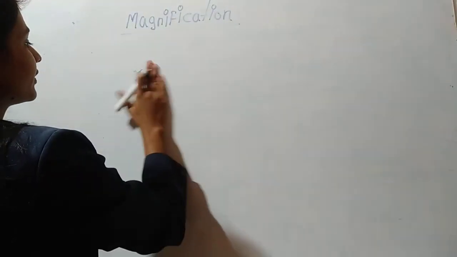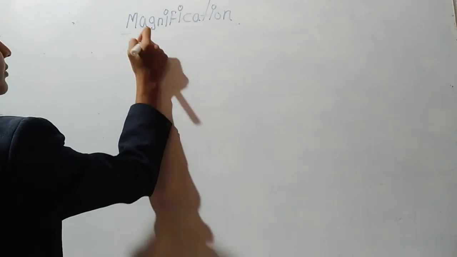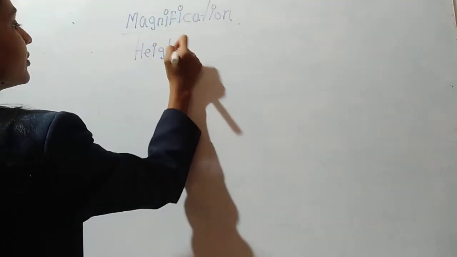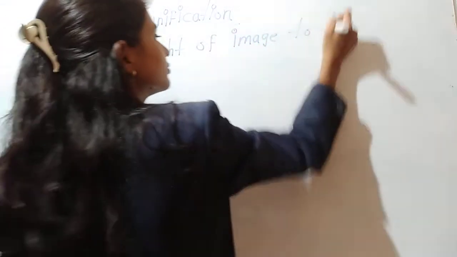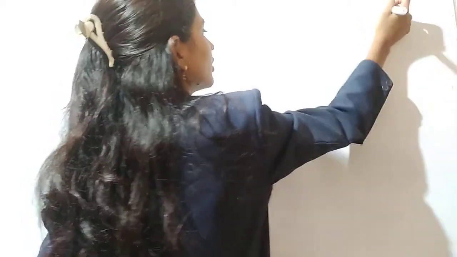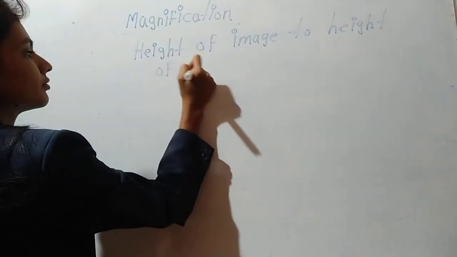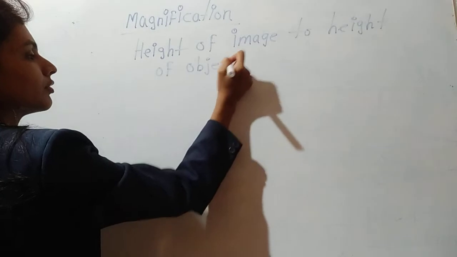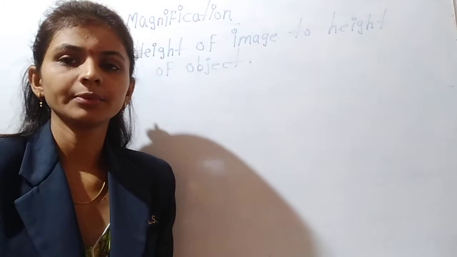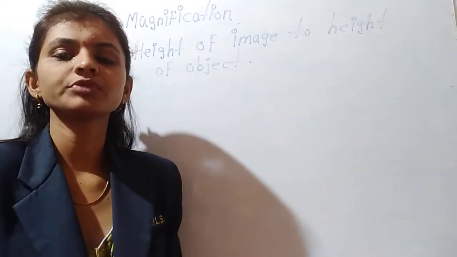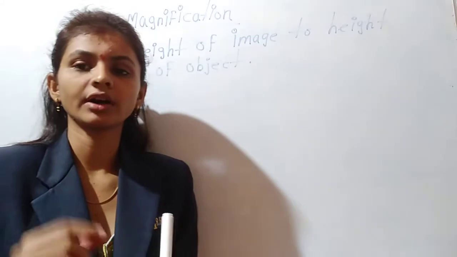Here magnification is denoted by m. Magnification is the height of the image to the height of the object. The height of the image and the height of the object are both considered as h, but we cannot write h for both.